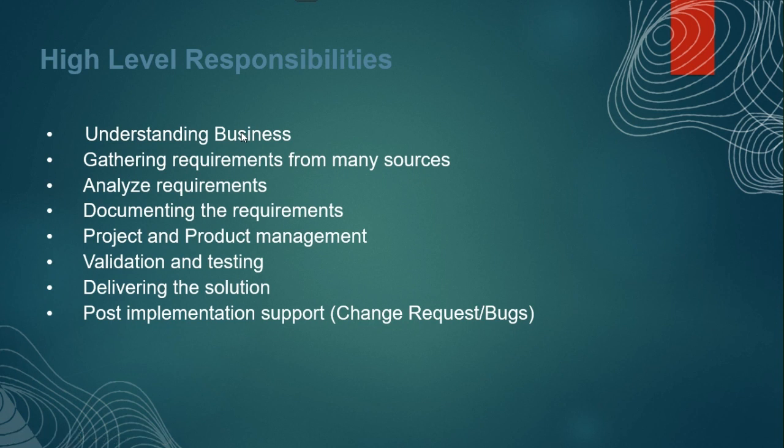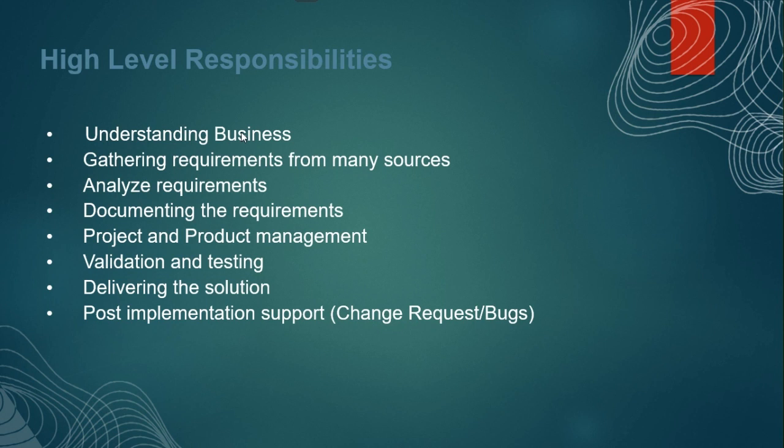Then project and product management. How is this done? We will deal with this in detail in the coming sessions. Validation and testing. When a project is ready, he tests it before it is delivered. Along with the test team, he does all this testing, and he ensures that within the testing team everything is done before it is provided to the end users or to the business team for further testing.